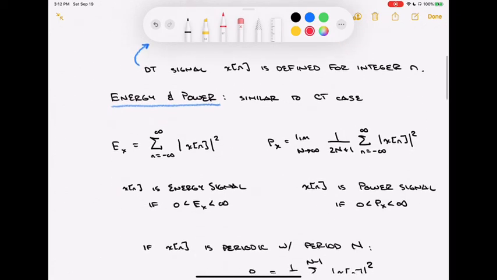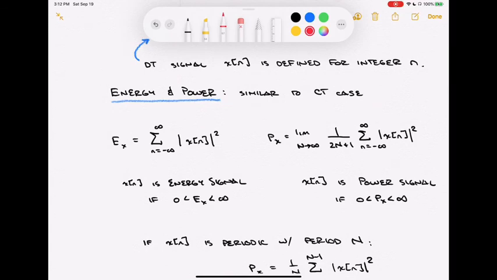Like all signals, we can find a variety of classifications for those signals. We'll start out by reminding ourselves of a classification we use for continuous time, and that's between energy and power. And energy and power classification for discrete time signals looks very similar. If you take a look at the equation for energy for a discrete time signal, we just say the energy of signal x is equal to the summation on the independent variable n going from minus infinity to infinity of that signal's magnitude squared.